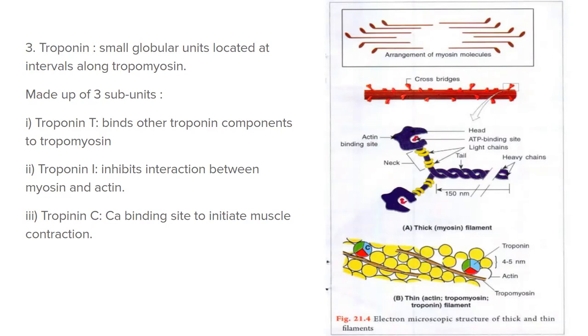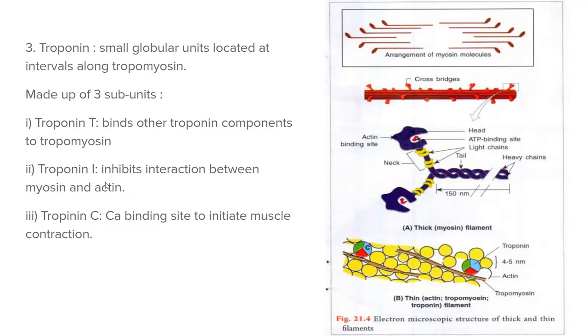Now this binds to the troponin C and it moves. Once it moves, the tropomyosin, which is attached to the troponin, also moves. So the myosin binding part of the actin is exposed. Troponin T binds the other troponin components to tropomyosin, so they all work as a unit.